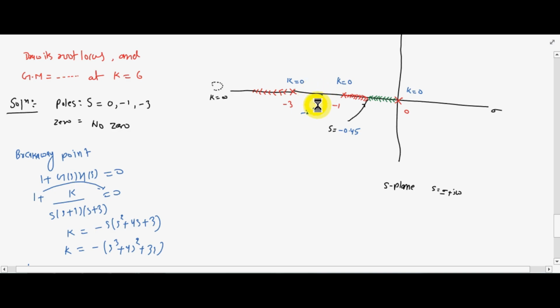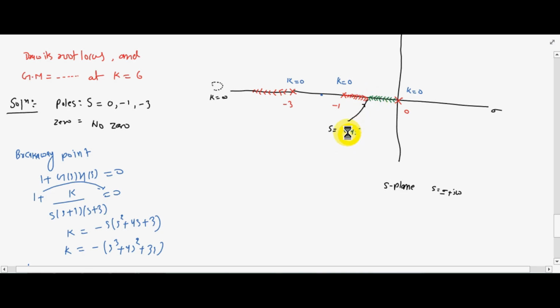Now see here, there is no root. This is an invalid point, so just remove this point. No need to write it here, because this is the invalid point. The root locus cannot exist in this region, and root locus only exists in this region.